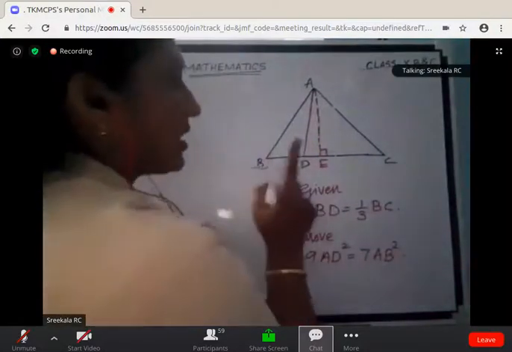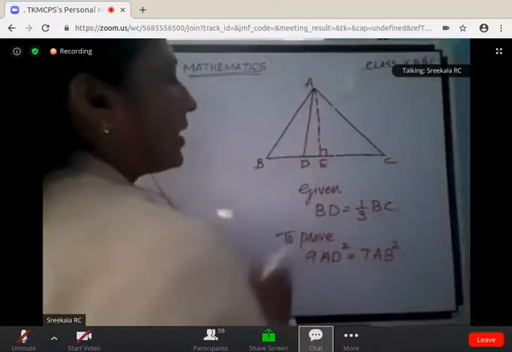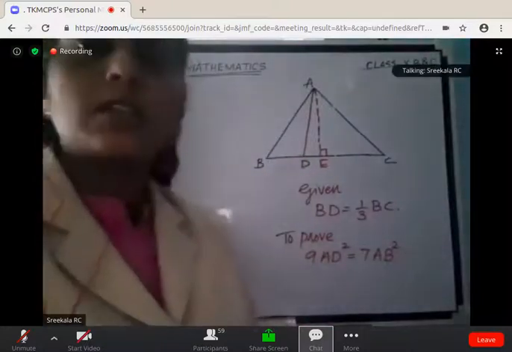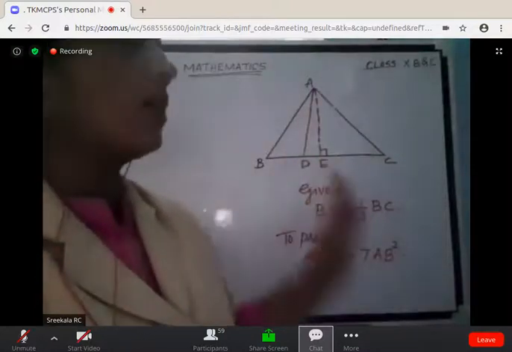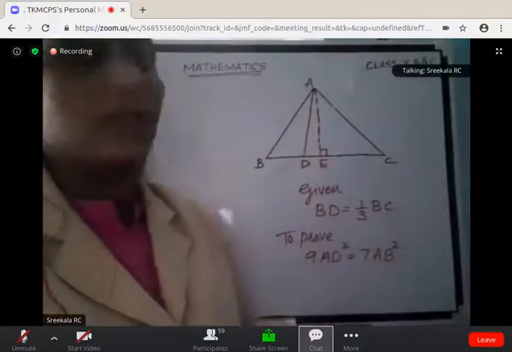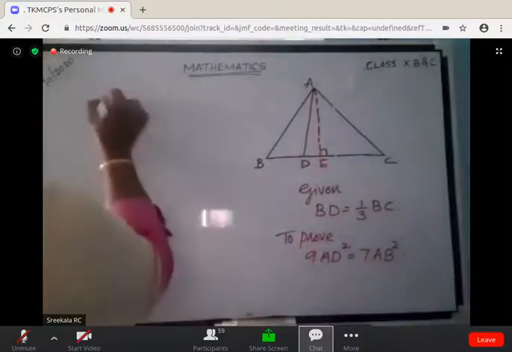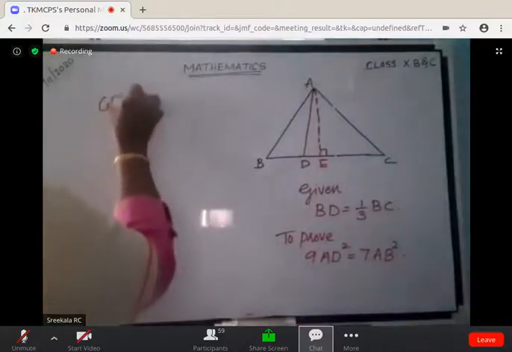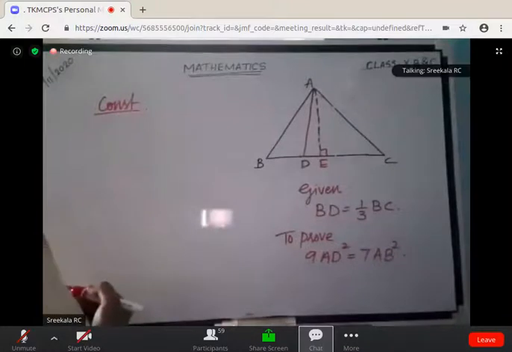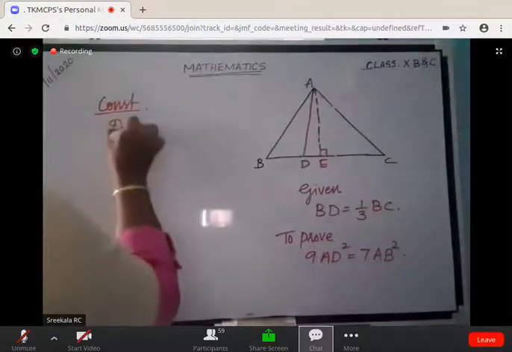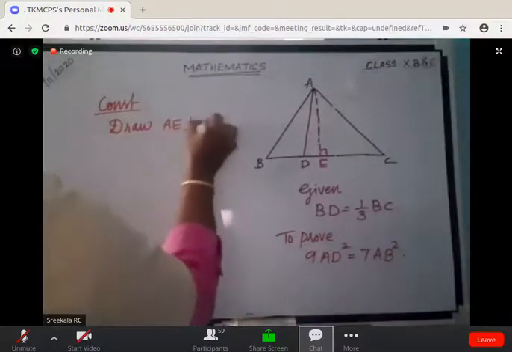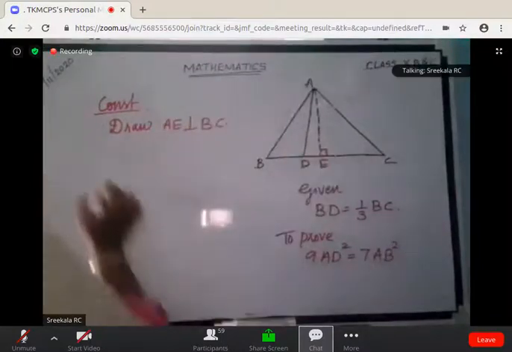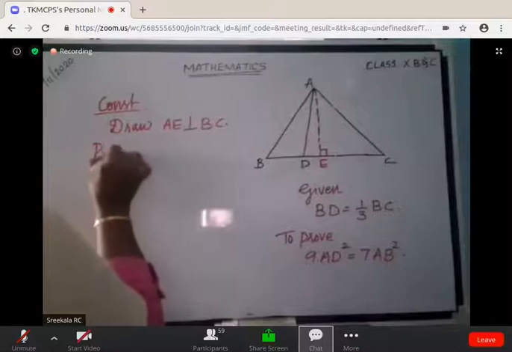Since D is not a midpoint, that is not an altitude. So we have to construct altitude AE perpendicular BC. Write construction: draw AE perpendicular BC. Proof.